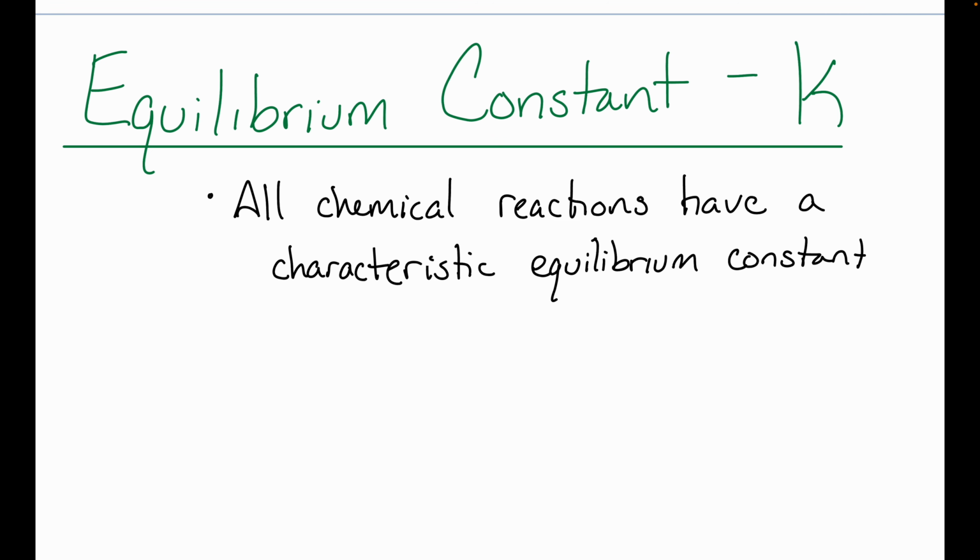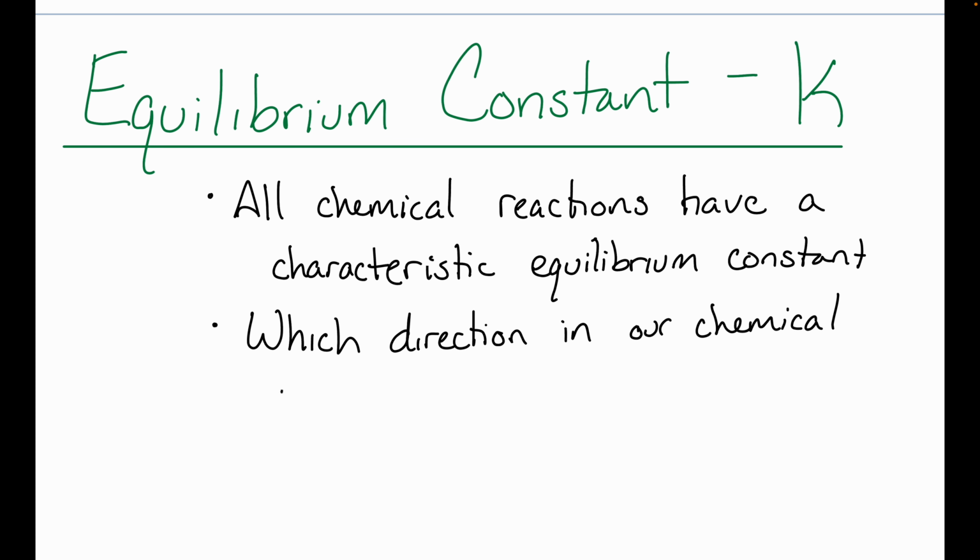What our equilibrium constant will tell us is which direction in our chemical equation is favored. By direction in our chemical reaction, I mean reactants or products.